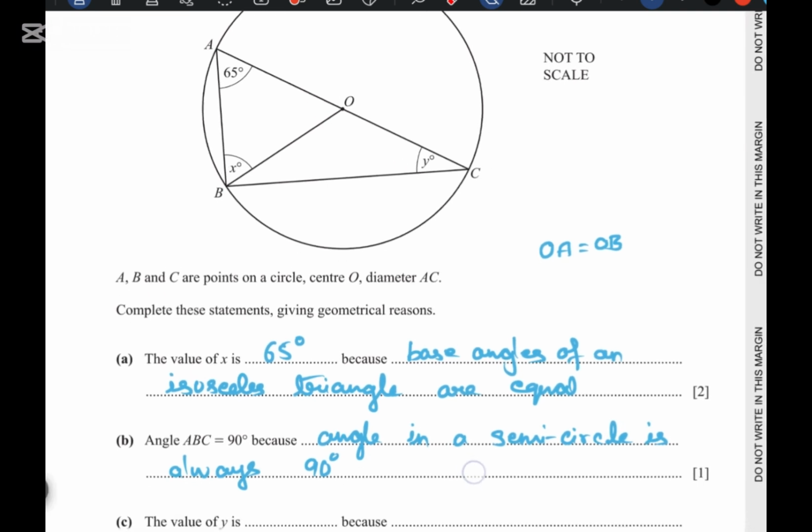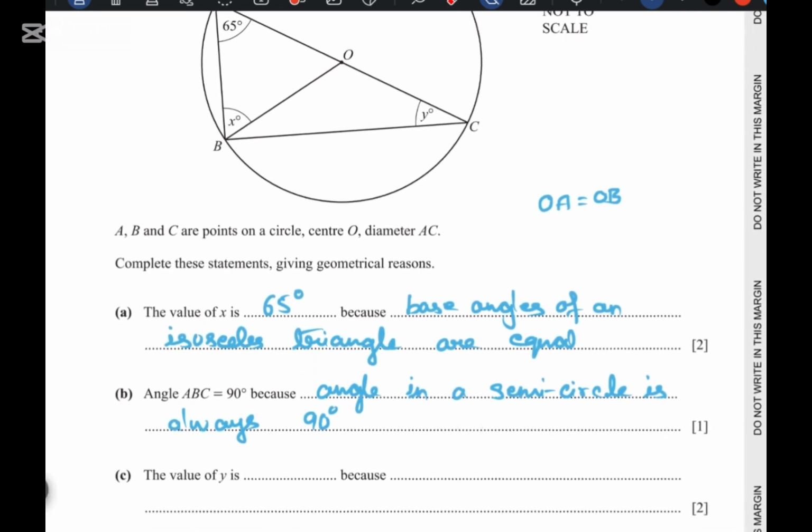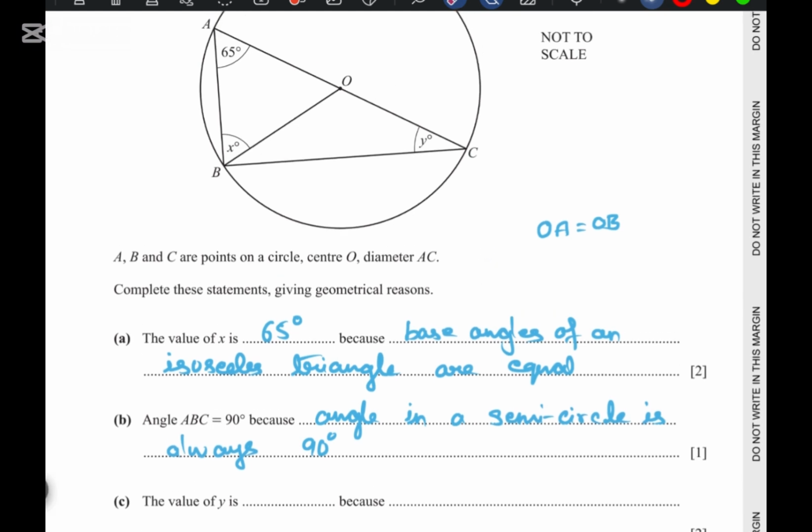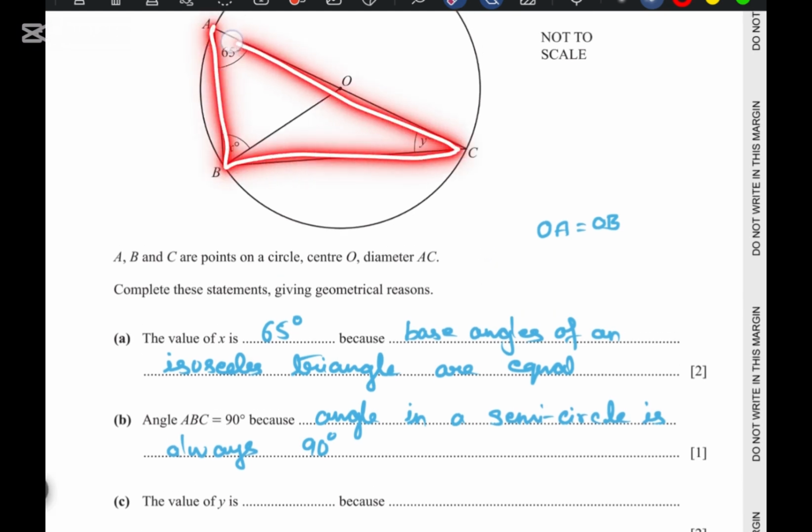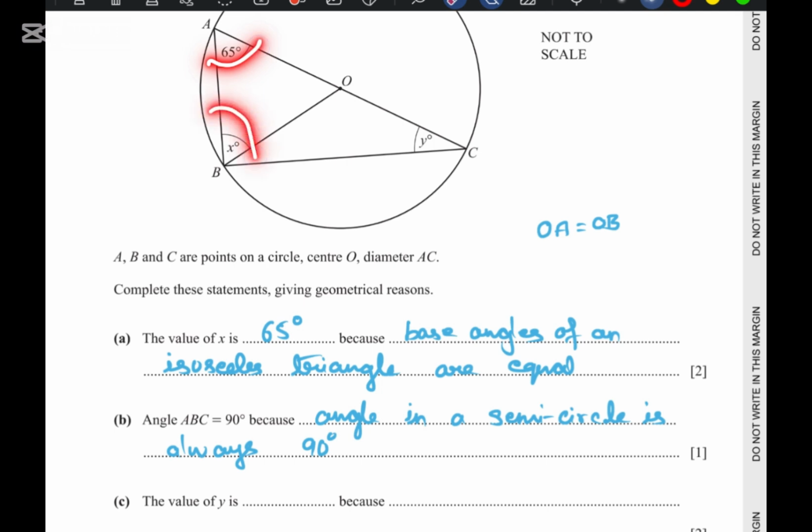Now question C: the value of y is dash. We need to find the value of y here. Look at triangle ABC. In this triangle you know two angles: 65 and 90. We have to take the complete ABC angle, which is 90 degrees, and we don't know one of the angles.